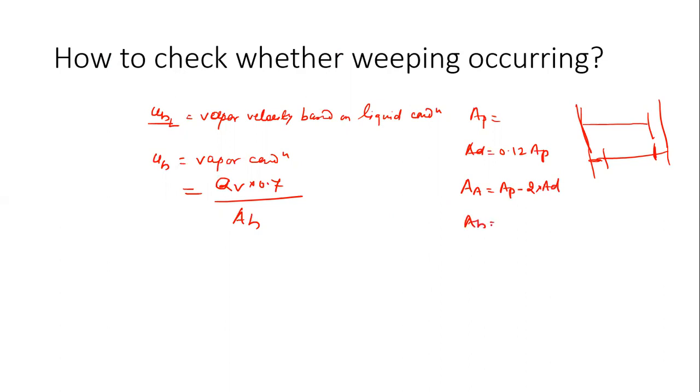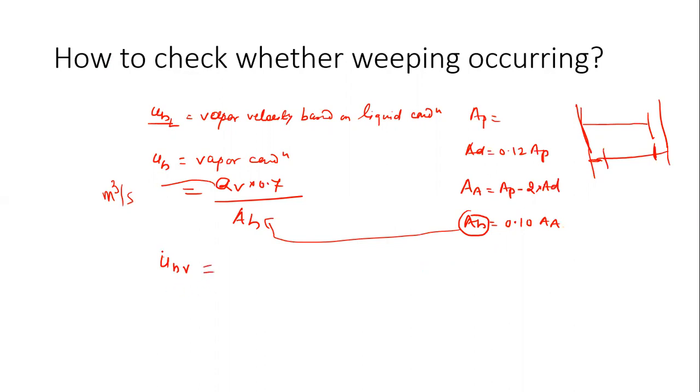And area of hole is around 10% of active area. So this would be the area of hole. So this will be substituted here. We know flow rate of vapor in meter cube per second. You'll get the area of hole at minimum condition.